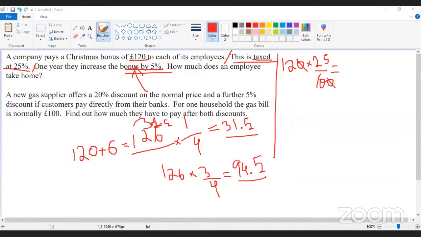Sir, since this is taxed by 25%, can I multiply the 120 by 75% and then add 5%? Now I'll give you an example for that. You are getting 120 every year as your bonus.